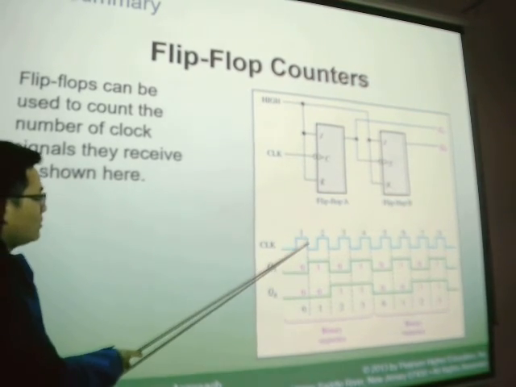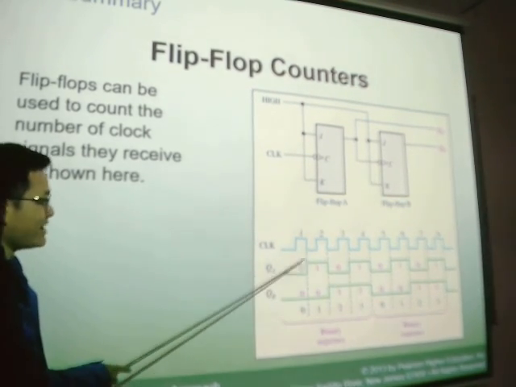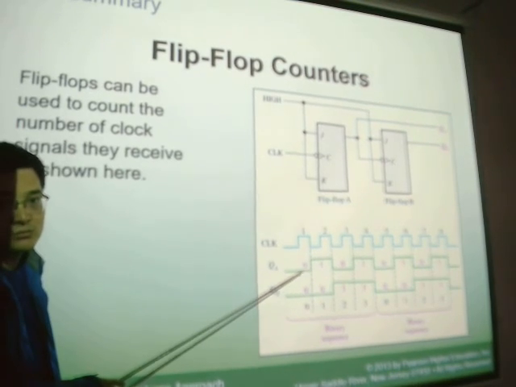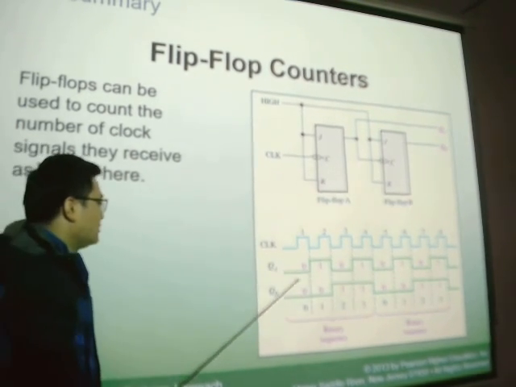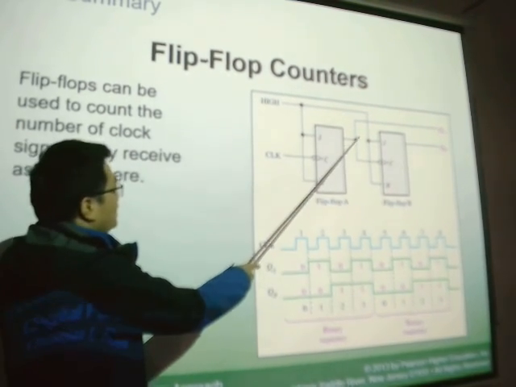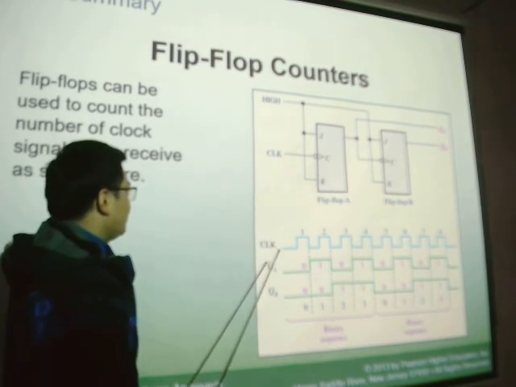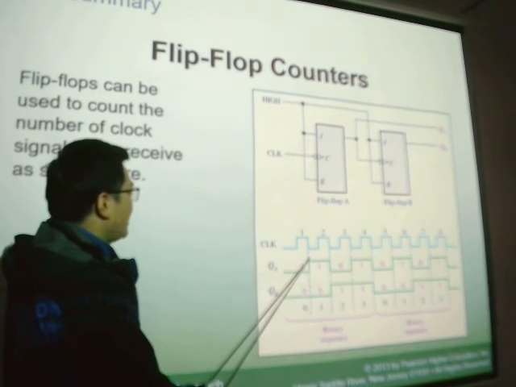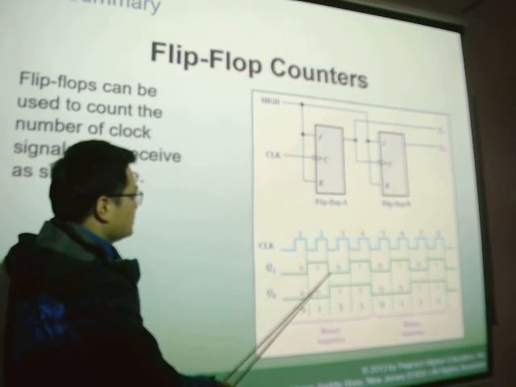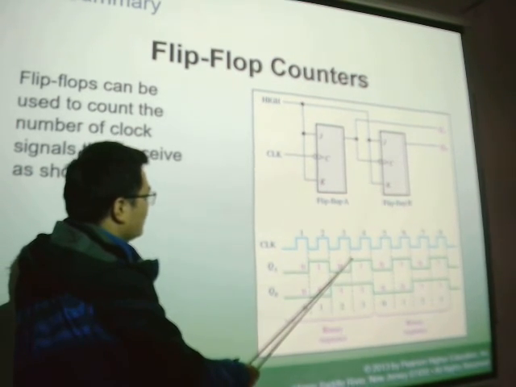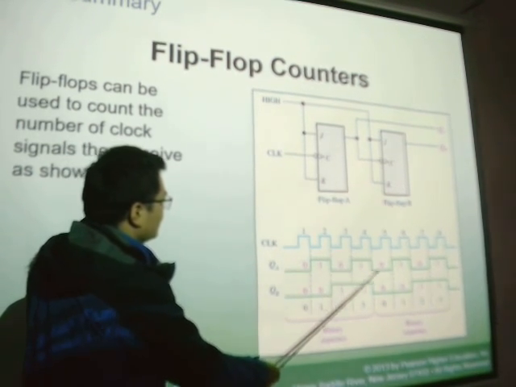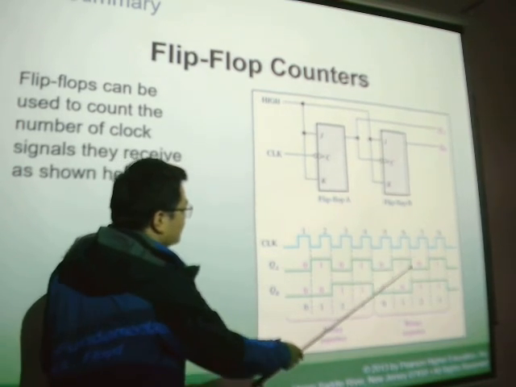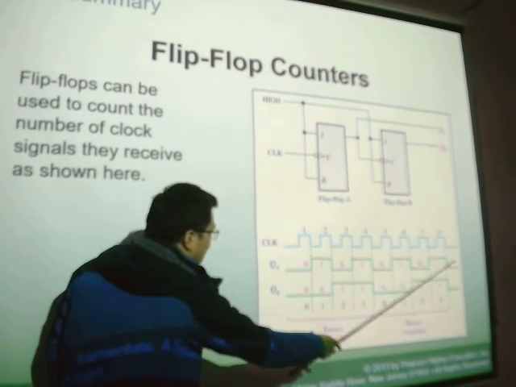On the negative edge, the value will change. For QA, the first output goes from 0 to 1, from 1 to 0, from 0 to 1, from 1 to 0, and so on.